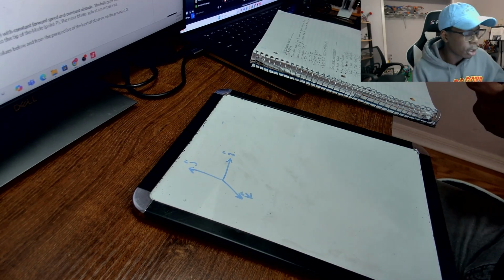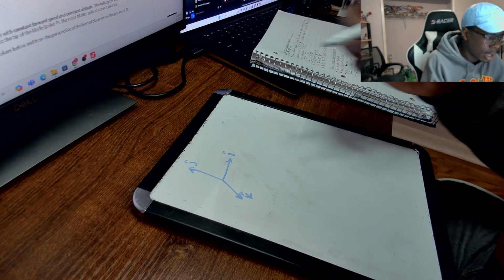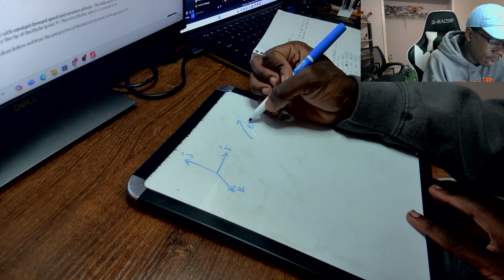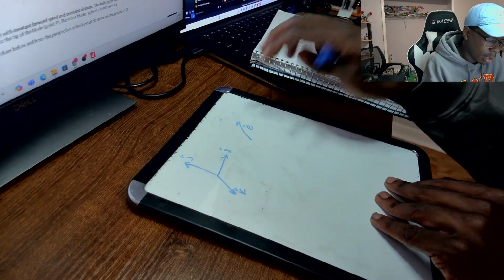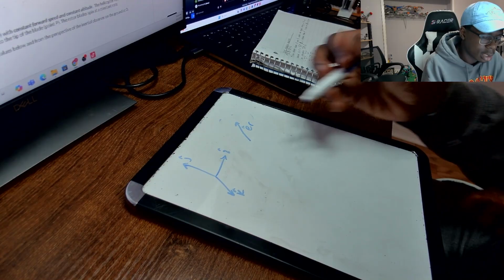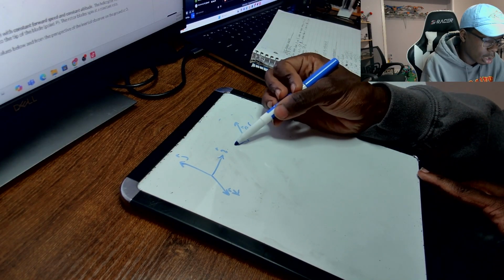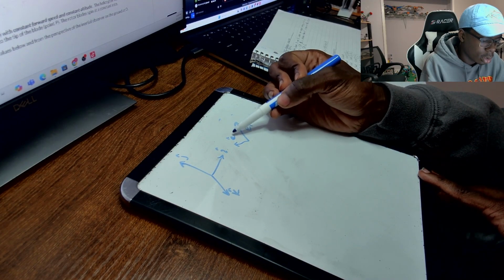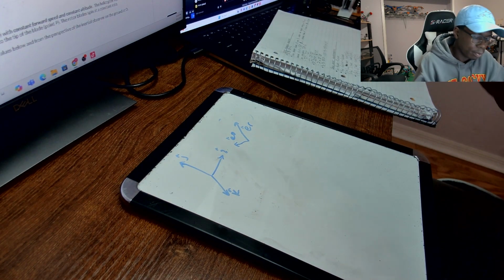I can also have another basis vector system for my moving reference frame. This time I will use lowercase e, er, that's my radius vector, so it points in the direction of my radius at all times. And then I also have a vector that is my angle, my theta unit vector.